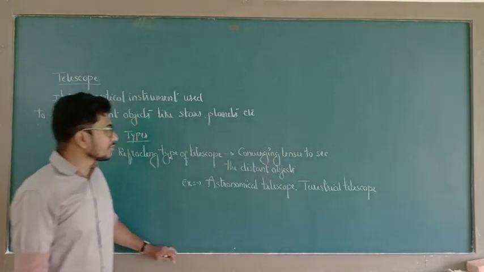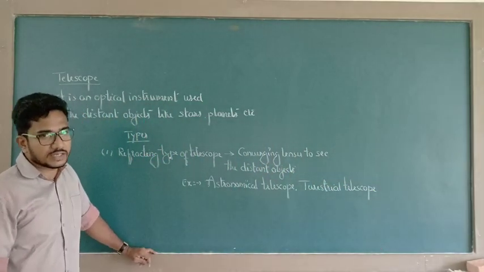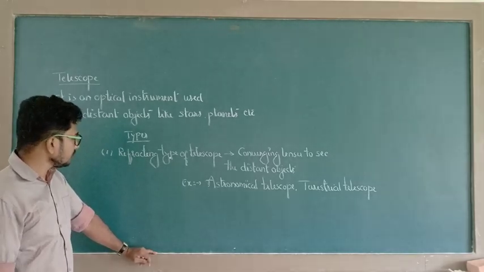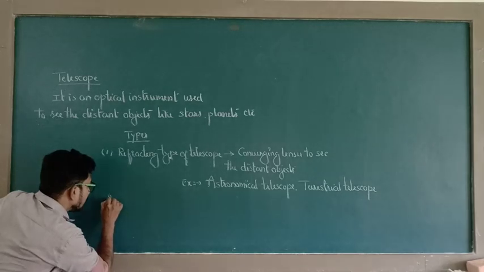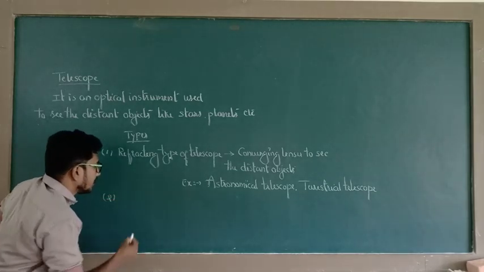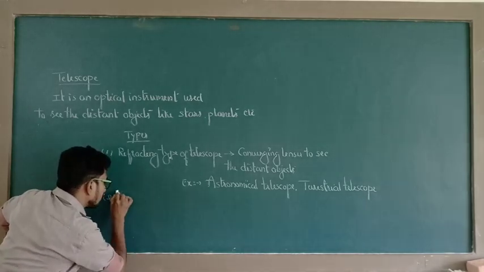These two telescopes are refracting type telescopes. And the second one is the reflecting type of telescope.